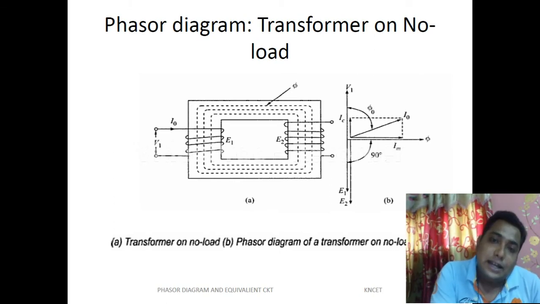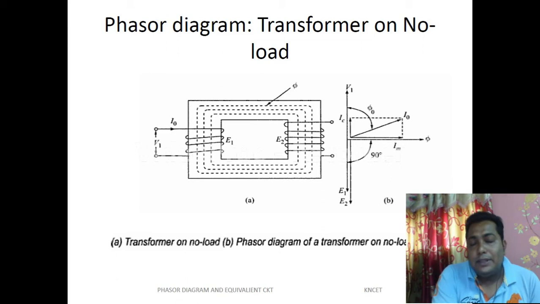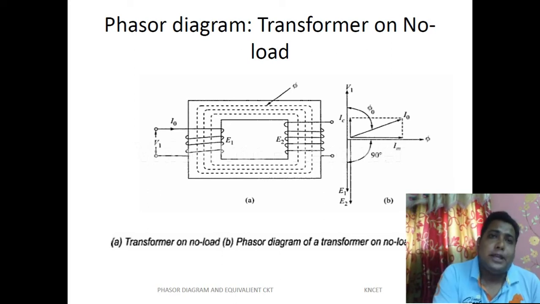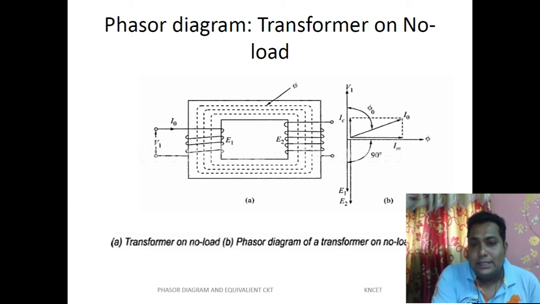In an inductive property, we know that the angle between current and voltage is 90 degrees. In an inductive coil, voltage leads current by an angle of 90 degrees. That is why we have drawn this V leading by 90 degrees from this Im.